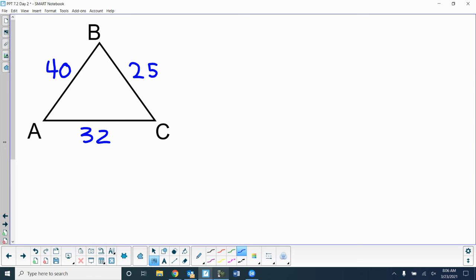Law of cosines. Well, now we have to finish.